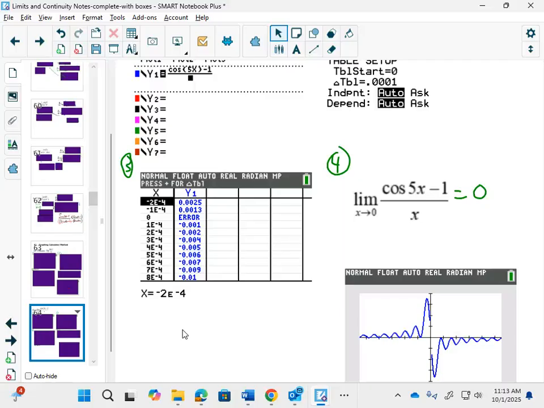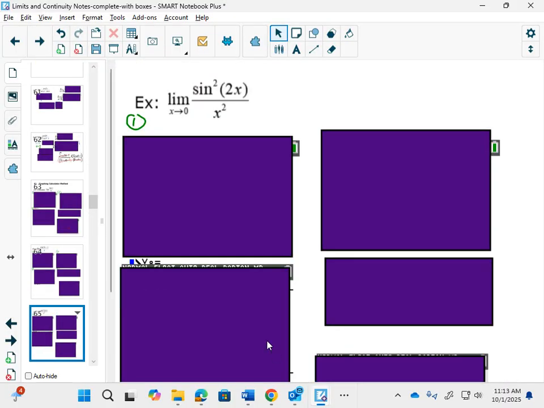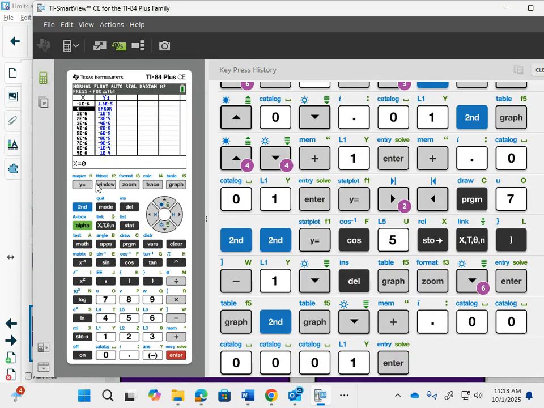But right now we have our graphing calculator. Here's our next one, sine squared 2x over x squared. So again, I would go to my calculator.